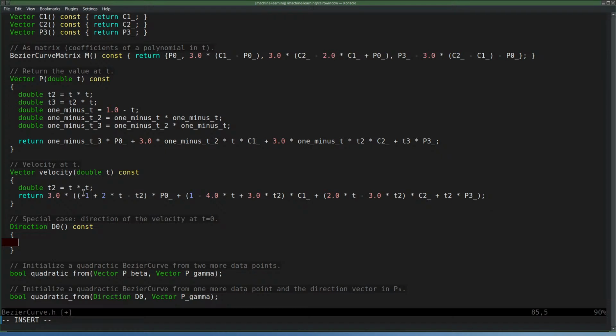So that is this formula with t equals 0. So this is 0 and this is 0. So we have minus 3.0 times that plus 1 times C1.